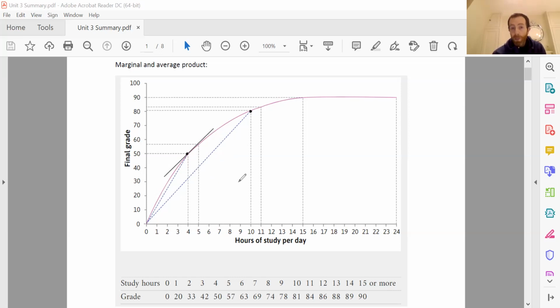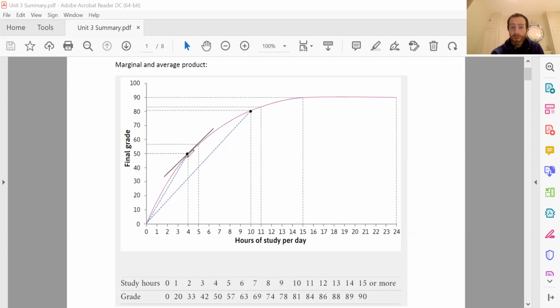Now, a second quantity we might be interested in is the marginal product. In this particular case, how much higher a grade am I going to get? What am I going to add to my grade by doing one more hour of study? The marginal product we can think of not as the slope of these blue dashed lines, but as the slope of a tangent at a particular point.